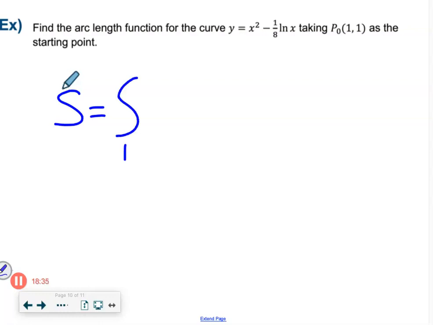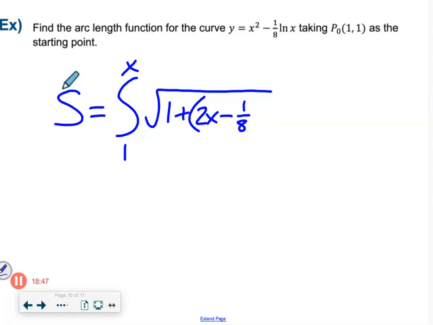What's your upper limit? X. 2x. All right. So 2x minus 1/8 times what is the derivative of ln x? 1 over x. Oh, thank you.